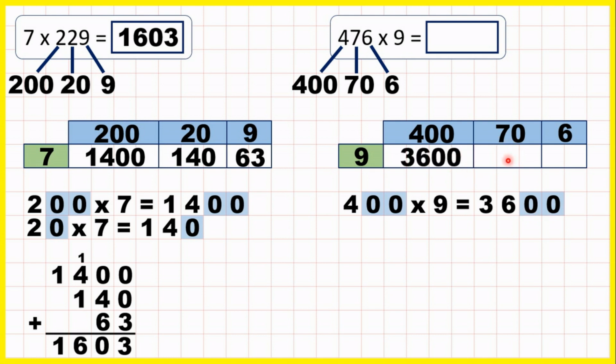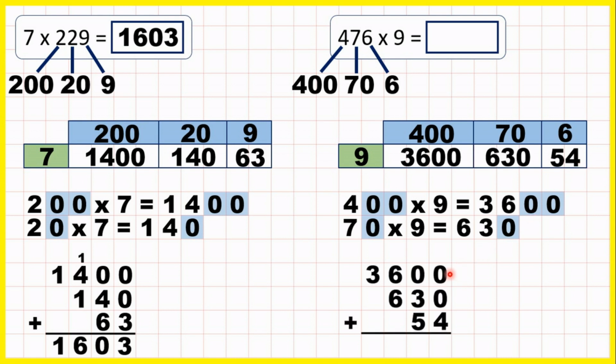On to the next box, we have 70 times 9. That's 630, because 7 times 9 is 63. If there's 1 end 0 in the question, there's 1 end 0 in the answer. And now for this last box, we have 6 times 9, which is 54.